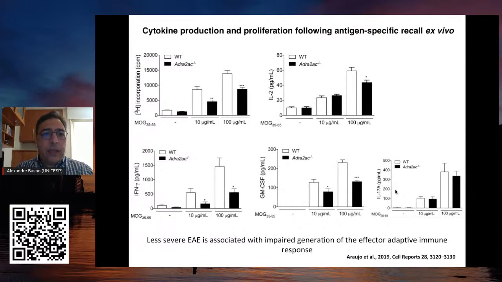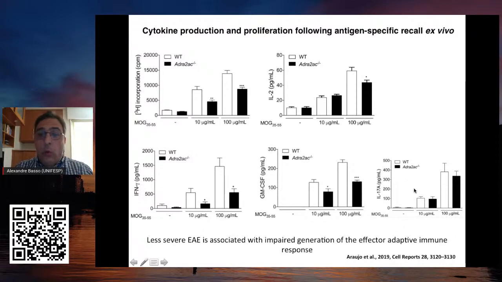And as you can see here, the cells collected from the animals with a hyperactive sympathetic nervous system, upon antigen-specific stimulation, proliferated at lower rates, and also produced lower amounts of IL-2, interferon gamma, and very importantly, lower amounts of GM-CSF.